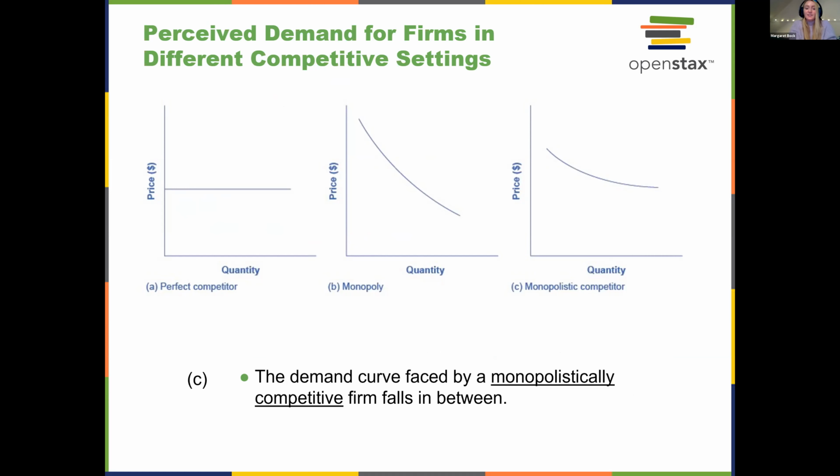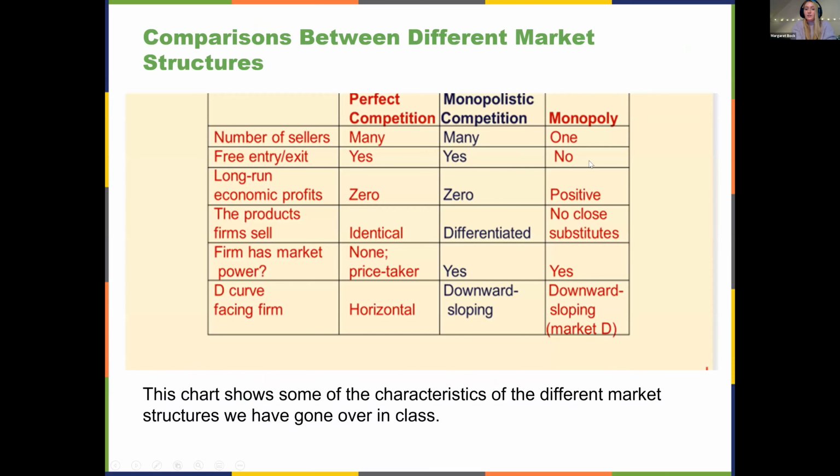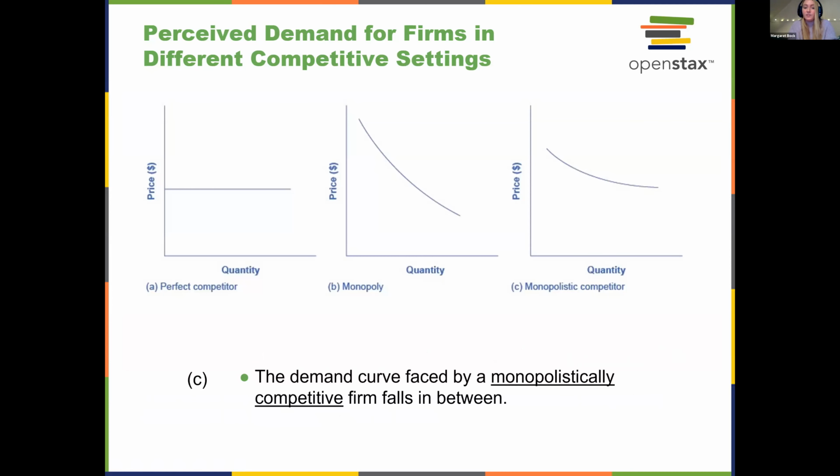Again, the demand curve faced by the monopolistically competitive firm falls exactly in between. It's not as flat as the perfect competitor's demand curve, but it's not as steep as the monopoly's. It's in between here, and the fact that it is in between determines these outcomes. We'll explain the importance of this demand curve in the next video.